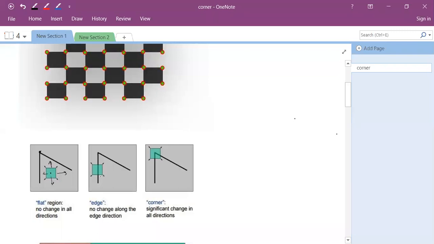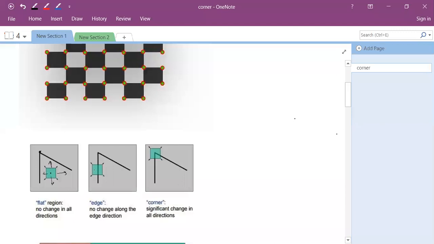Now the second one, you can say the window is residing over the edge. Suppose there is a vertical edge and the window is residing over the edge. Again, you have to repeat the same process. You have to jump over the upward direction, left direction, right direction, and the downward direction, and check whether the intensity is changed or not. In this case, the intensity is not changed in both of the directions.